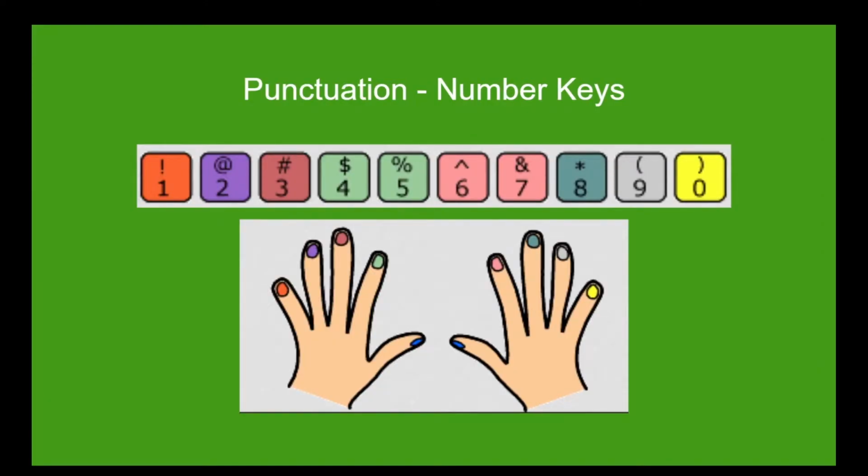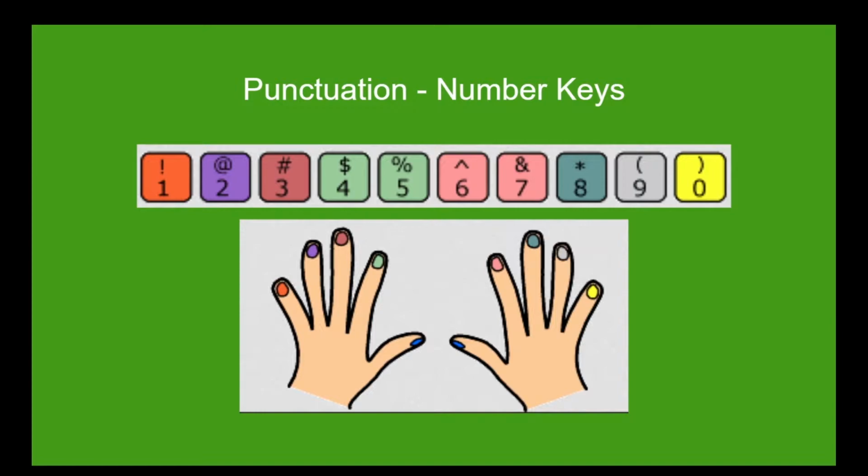In this picture, you see the number row at the top with each key in a different color. And on the bottom, you can see each finger with a different color to show which finger presses which key.